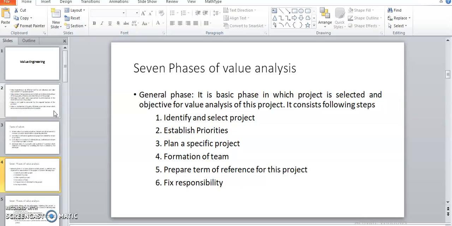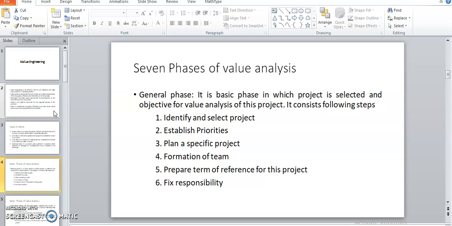With these seven phases, we can identify unnecessary elements, give recommendations for cost reduction, and implement those suggestions for improvement of the value of the product.